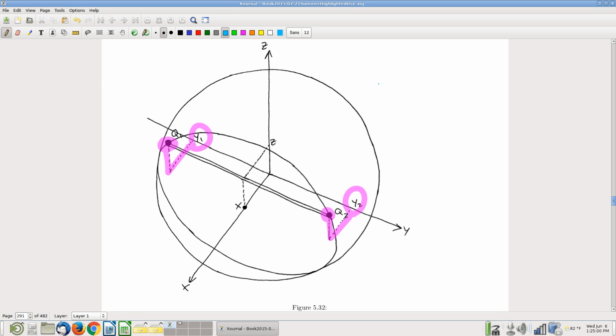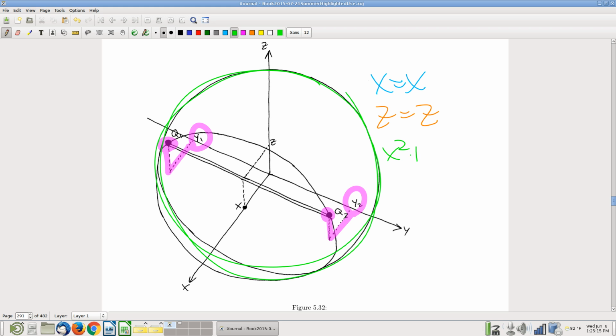So let's see here. I know that x is whatever it is, and I know that z is chosen, and I know that x squared plus y squared plus z squared is 1.